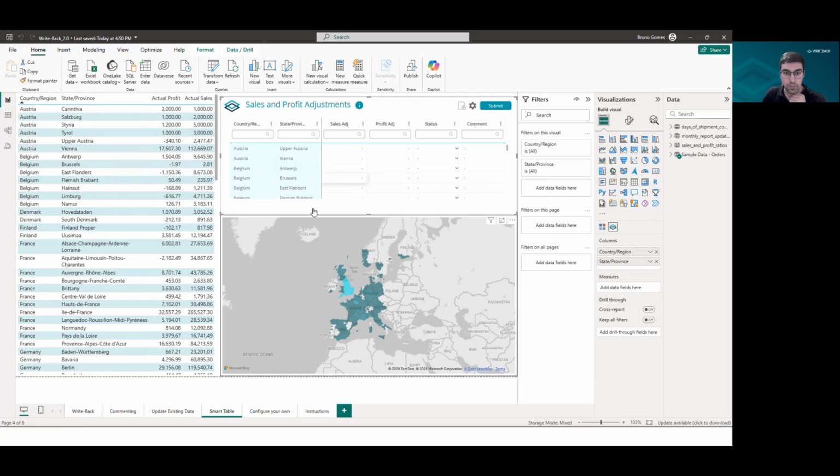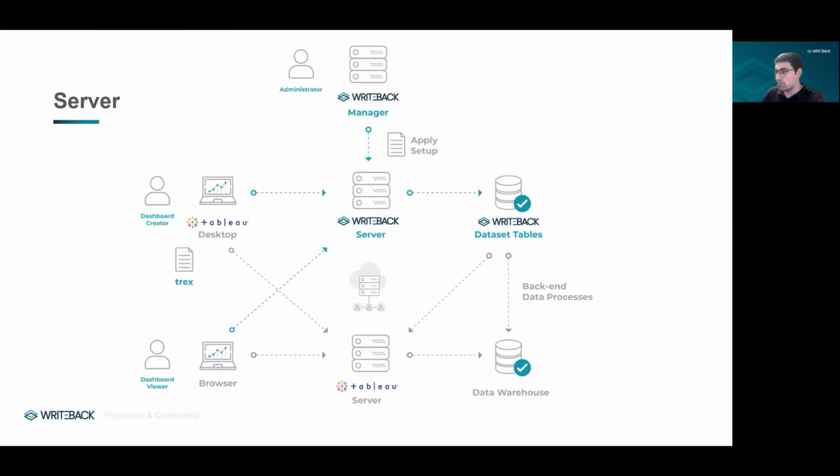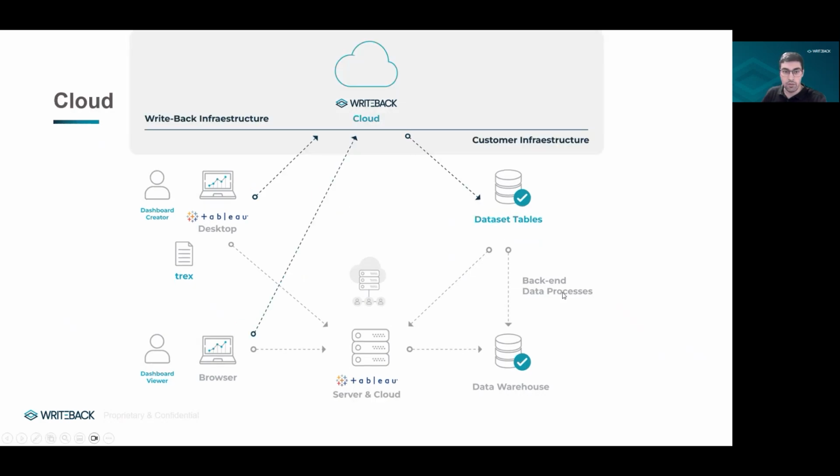We're doing it this way because of the way write-back works, and I can give you just a quick look at it. It's something similar to this, where this is a diagram for Tableau, but for Power BI, it would be pretty much the same, where write-back would be writing to your database, but your data warehouse is typically separate.